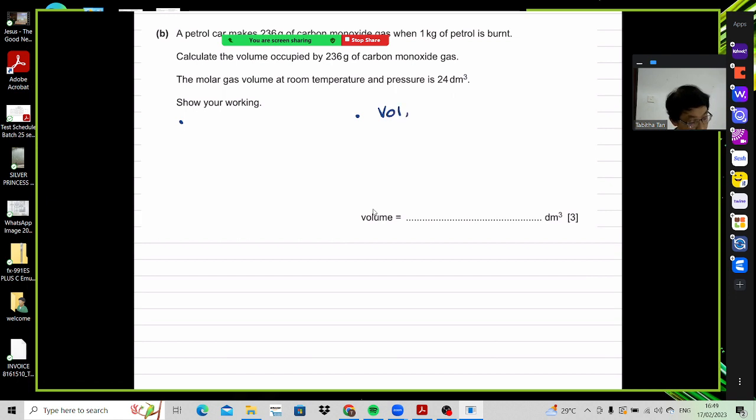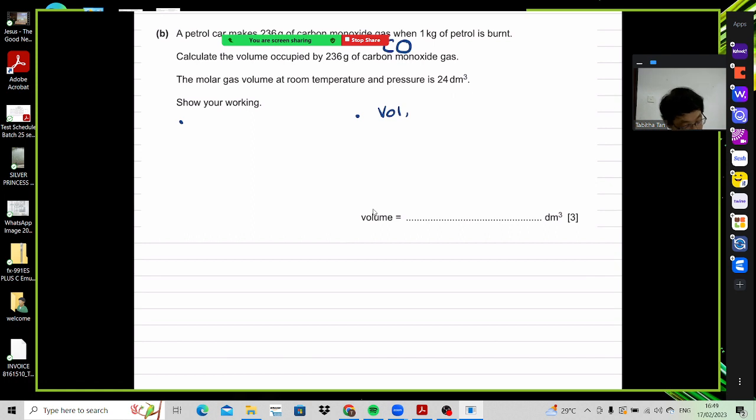For the carbon monoxide, we of course need to know the chemical formula. I hope all of us already know that carbon monoxide is C for carbon, and mono meaning 1 oxygen, so CO. However, if you are not sure about that, you can refer to another video that we're going to talk about that.